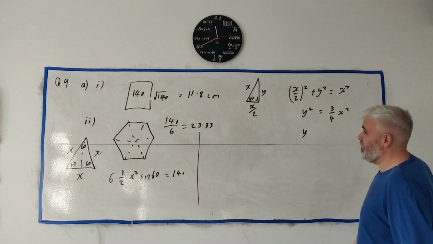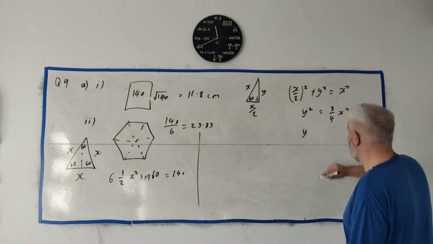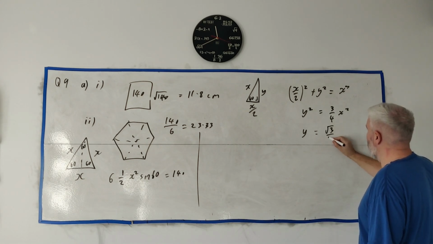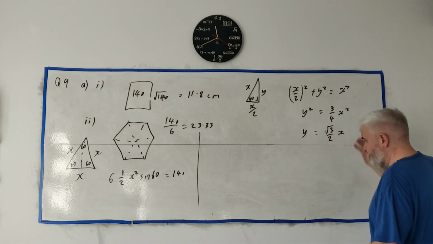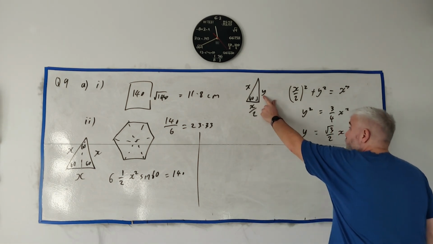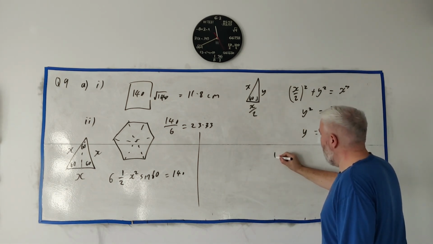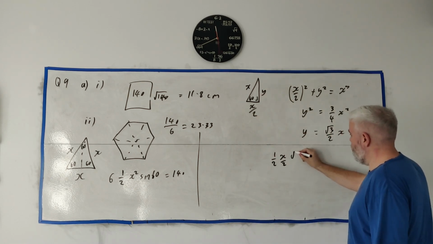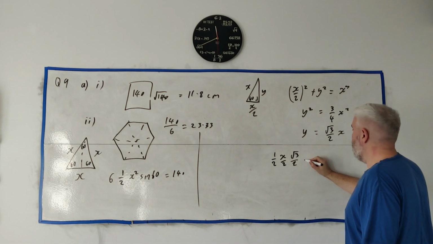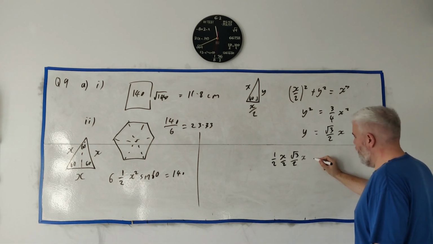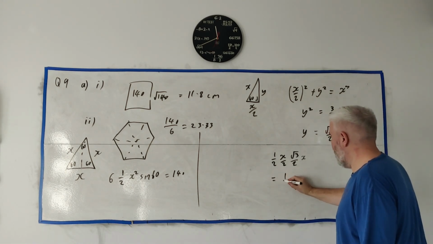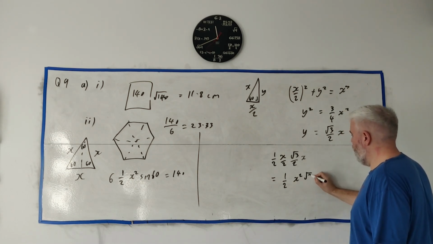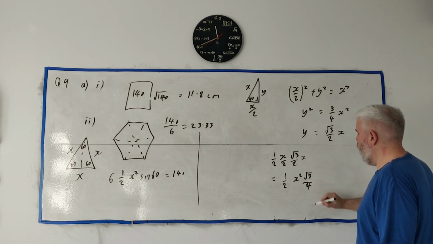X and y are both positive numbers, so y is equal to square root of 3 over 2 x, and that means the area here is equal to a half the base, x over 2, times the height, which is square root of 3 over 2 x, which all ends up equaling a half x squared square root of 3 over 4.